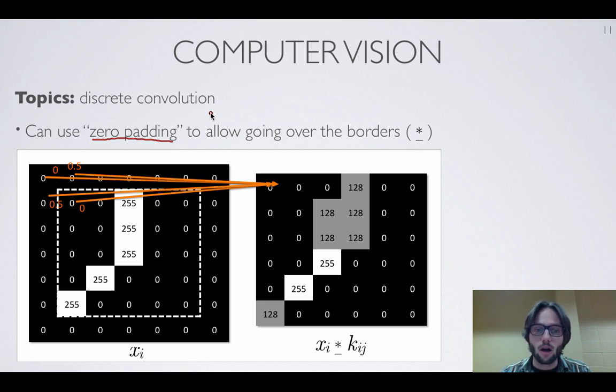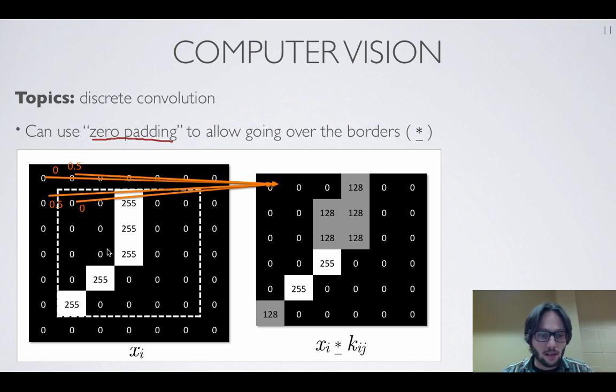So essentially a procedure for backpropagating gradients across the convolutional neural network. Zero padding is when we allow going over the borders by padding zeros everywhere around the image, enough so that we can fit our filter everywhere as long as at least one element of the filter or the kernel overlaps with the original image.